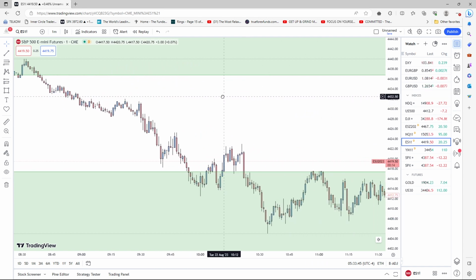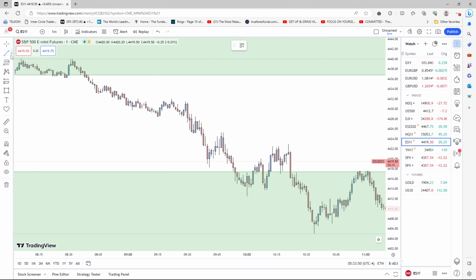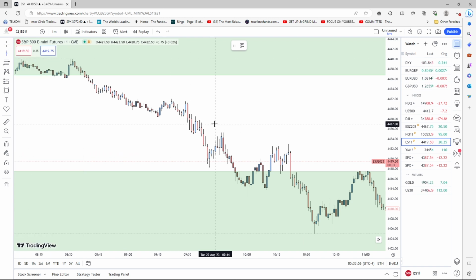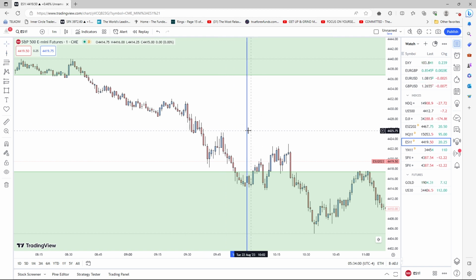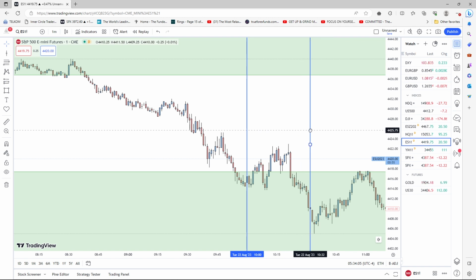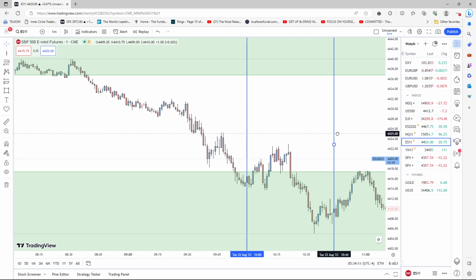So if we look at this example and we want to take a look at a silver bullet, 10 to 11 in the morning, let's see if we can frame something in this price action. Okay, 10 to 11, right around there.